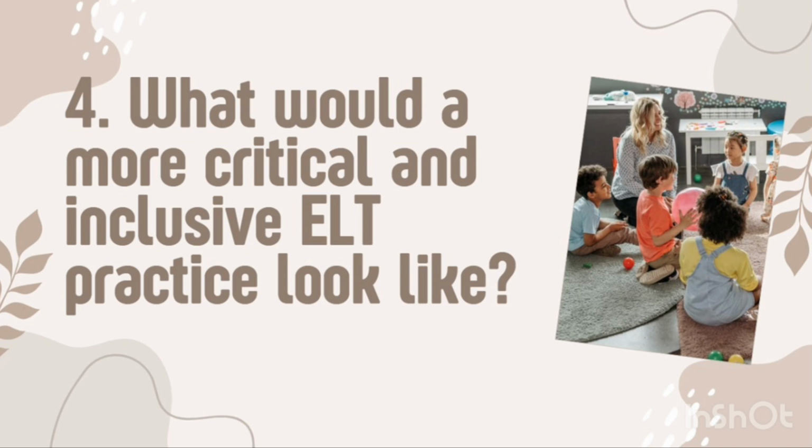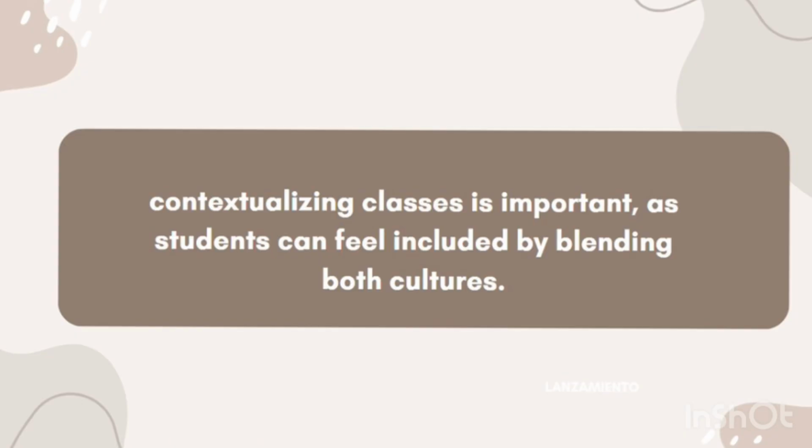Finally, question number 4. What would a more critical and inclusive ELT practice look like? A more critical and inclusive ELT practice challenges the dominant ideologies mentioned before and actively promotes equity, cultural diversity, and identity affirmation. But how can we achieve this?